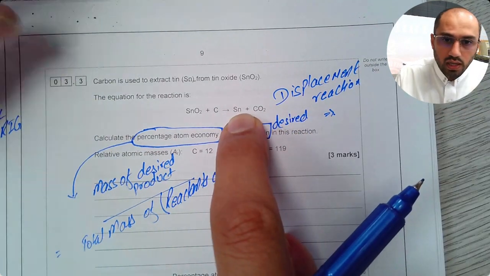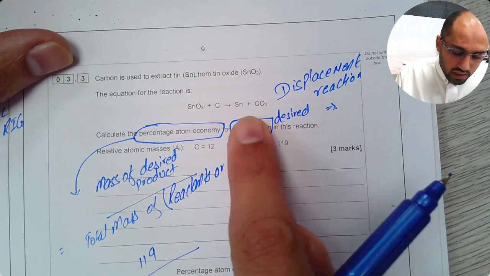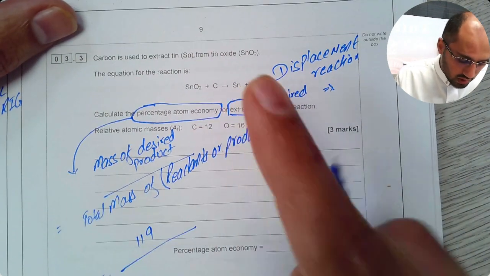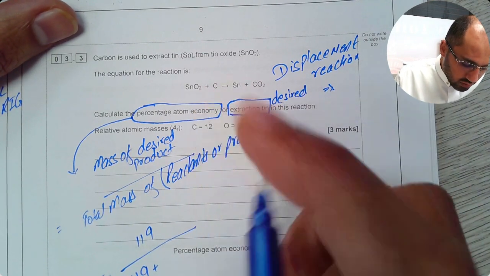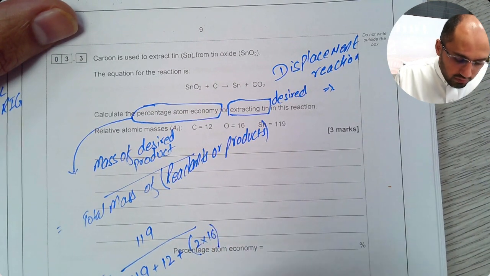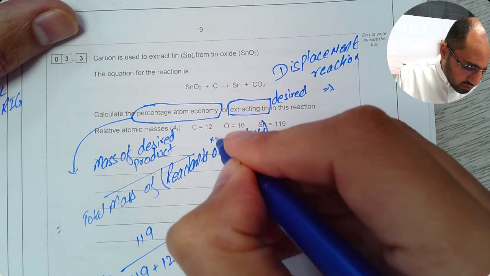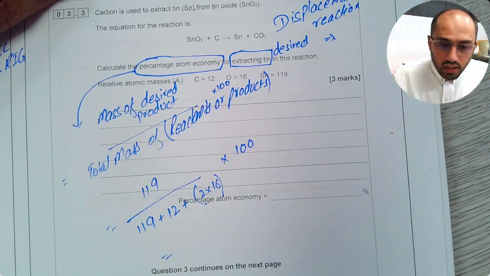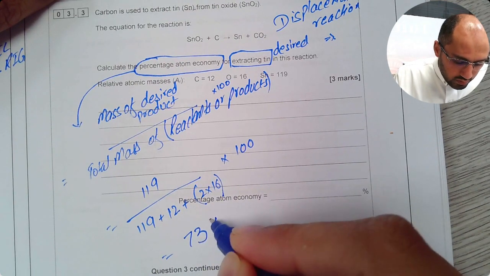There's 1 atom of tin and the mass will be 119, divided by the total products, which is 119 plus carbon dioxide: 12 plus 2 times 16. Times by 100, because we are looking at the percentage. If you plug this in your calculator and solve, you'll end up with an answer of 73%.